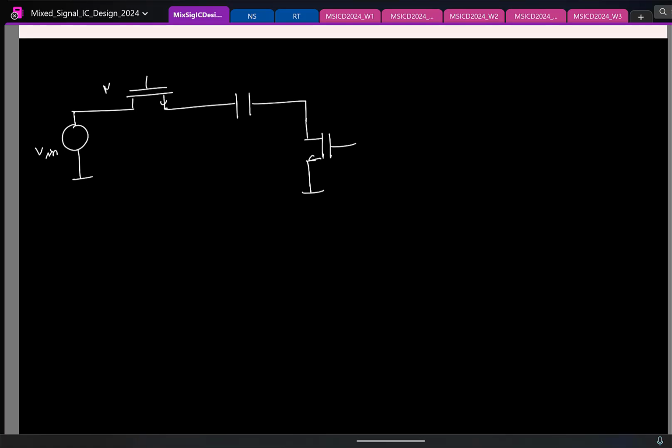Let us say I'll call this M1, M2. So I call this clock phi. Now M2, do you think it should be switched before M1 or after M1? Before M1, so I'll control it with the clock phi-E. We'll call it the early version of the clock. So if I sketch the clocks, let's say this is my clock phi.